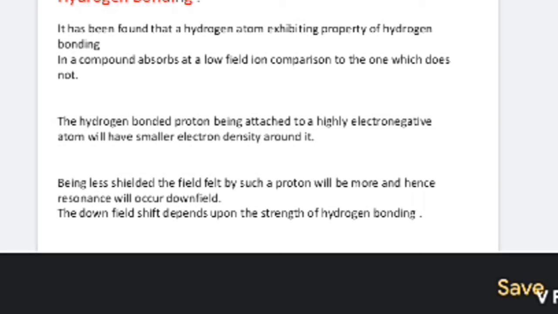The downfield shift depends upon the strength of hydrogen bonding.